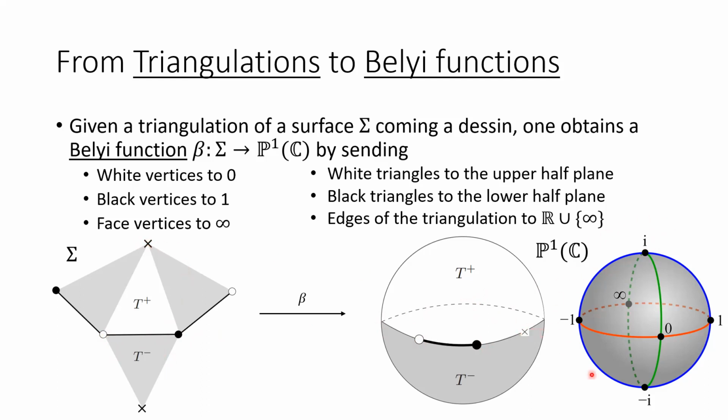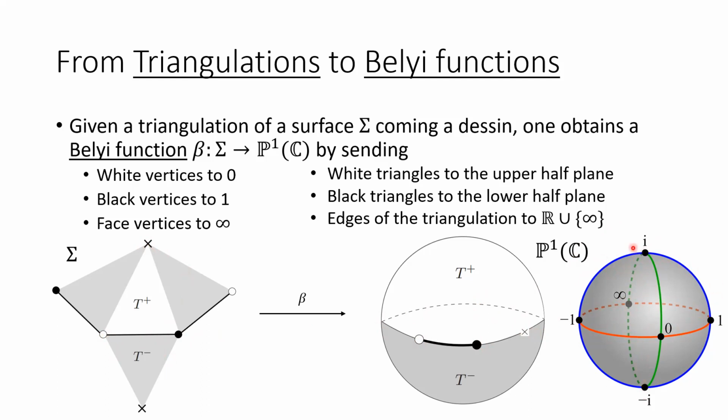Here's another picture of the Riemann sphere. The Riemann sphere has the real line in red over here. So this is 0, this is 1, this is -1, and infinity. The red line is the real line. And i is in the upper half plane, and -i is in the lower half plane.